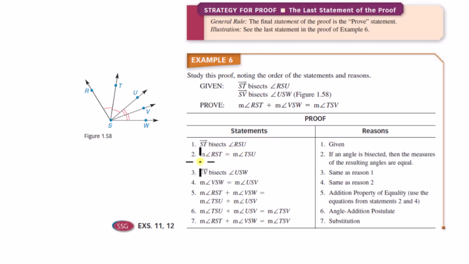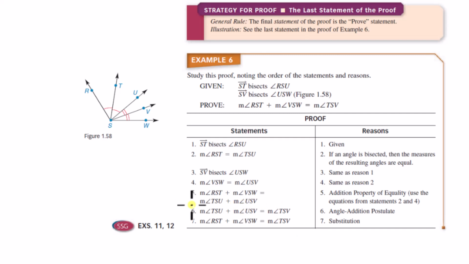They state the bisection. So based on the bisection, measure of RST is equal to measure of angle TSU. They state the bisection again, then they state what's equal. Then the measure of RST plus the measure of angle VSW is equal to the measure of angle TSU plus the measure of angle USV. Yeah, that makes sense. If A is equal to B and B is equal to C, then A is equal to C. That's how they can work all this out.